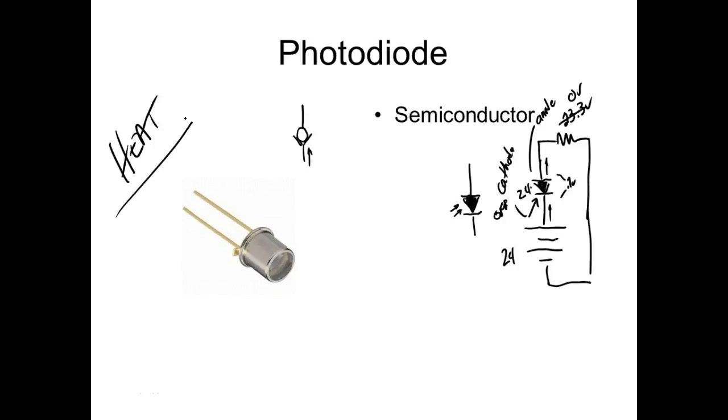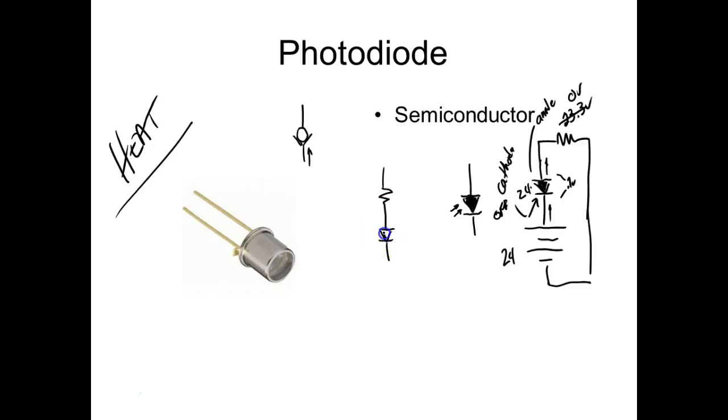So what we do with a photodiode, it's kind of weird, is we put it in the circuit reverse biased. If we were going to sense its current, we'd probably have to put it in series with a resistor.